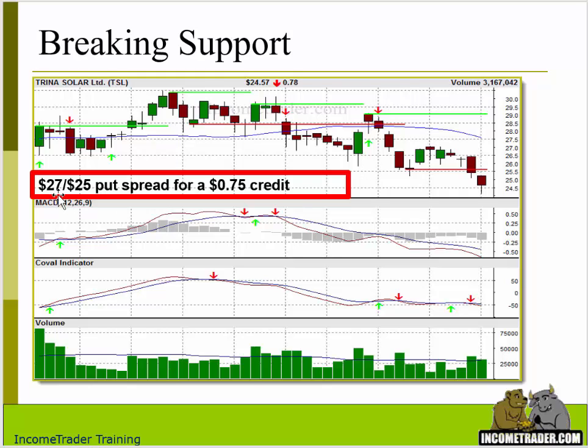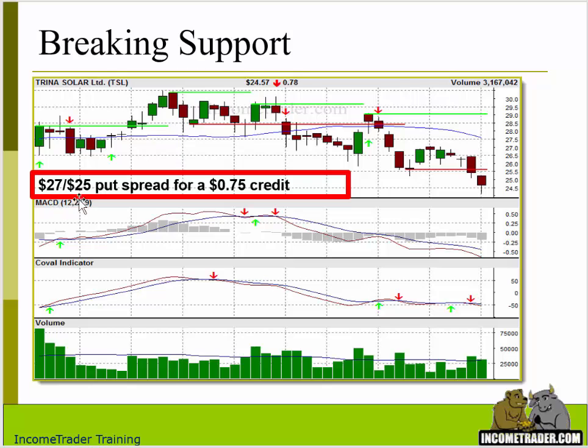So if you were to sell the 27 put and buy the 25 put, maybe you get a net credit of 75 cents, which means you sell the 27 put for a larger premium, and just so we're not naked, you buy protection at 25. So now you're only exposed between 27 and 25.